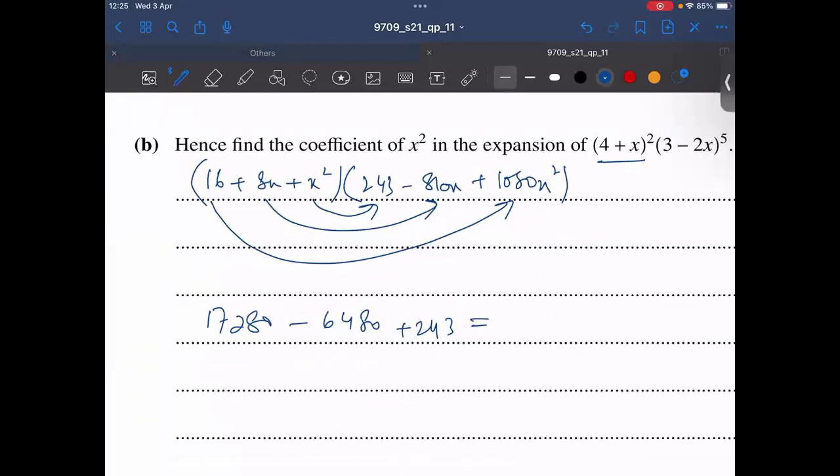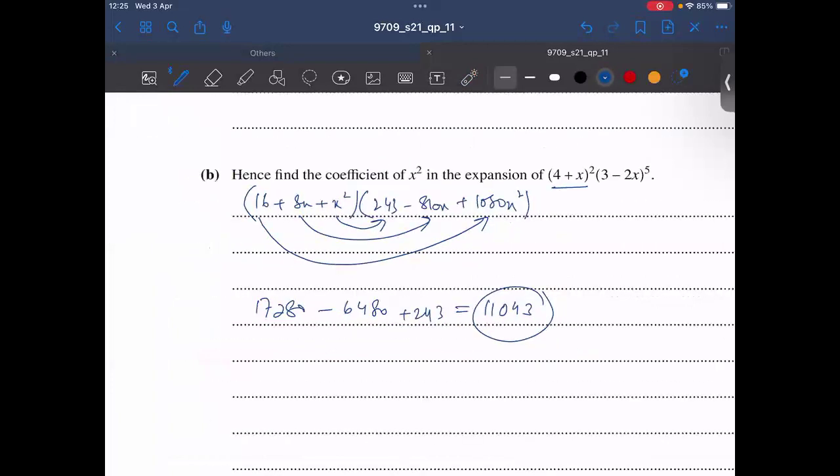What are you getting as the final coefficient of this term in x square? Sir, 11043. Yeah. Is that the answer as well? Yes, sir. Okay, that's great.